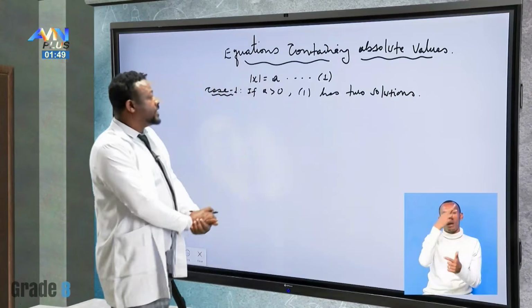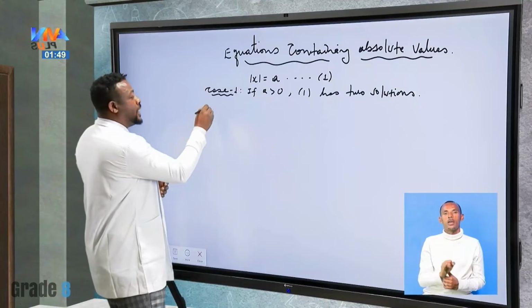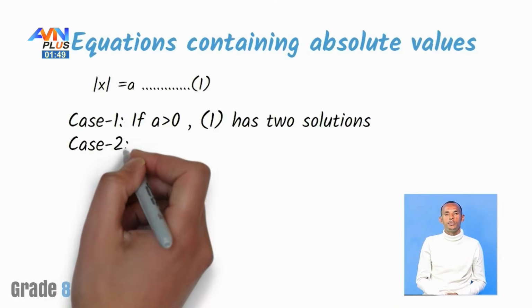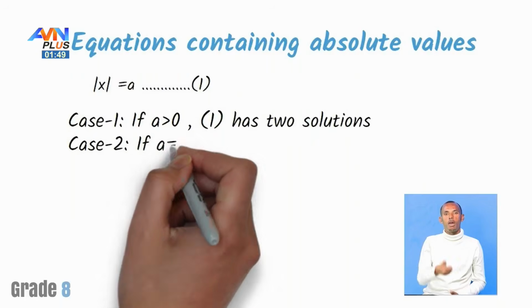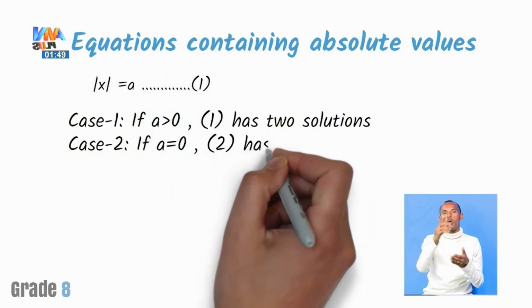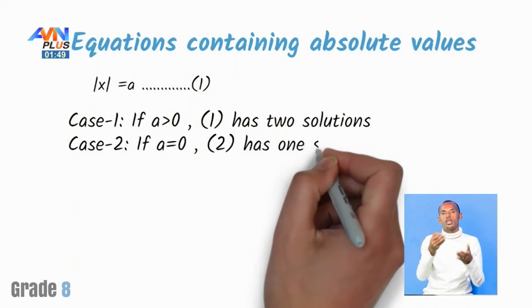The second case is if a is 0, this equation will have one solution.